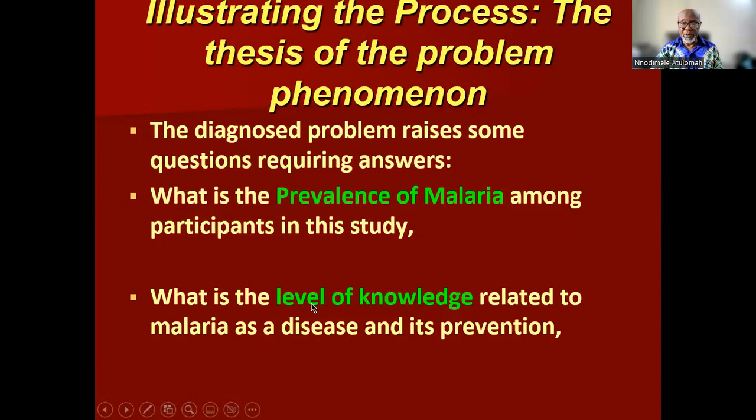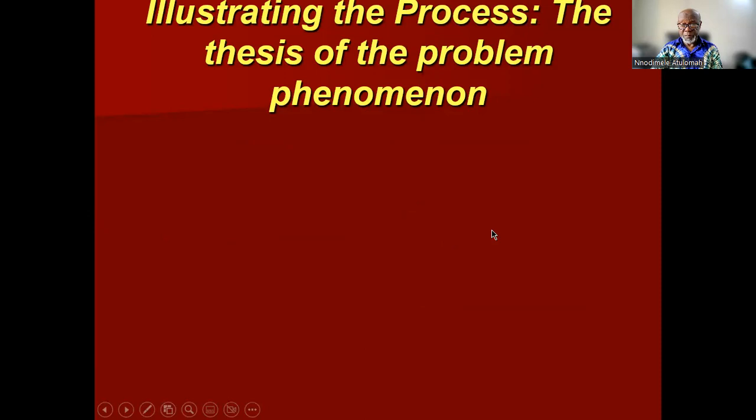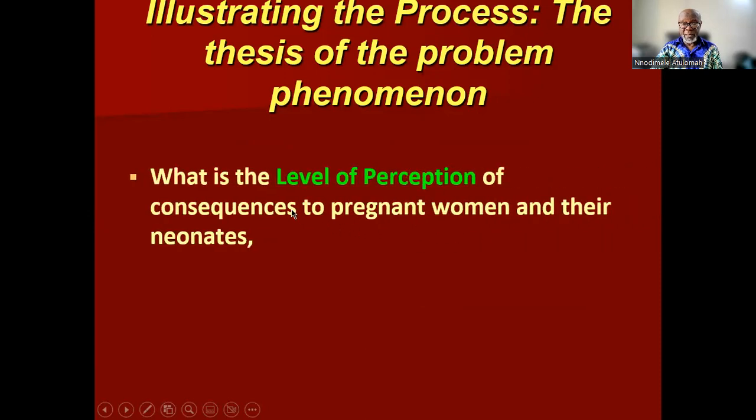This is assuming that it is suspected that poor knowledge of malaria and its consequences may be the reason why the preventive practice is low in the community. And then the next question will be: what is the level of perception?